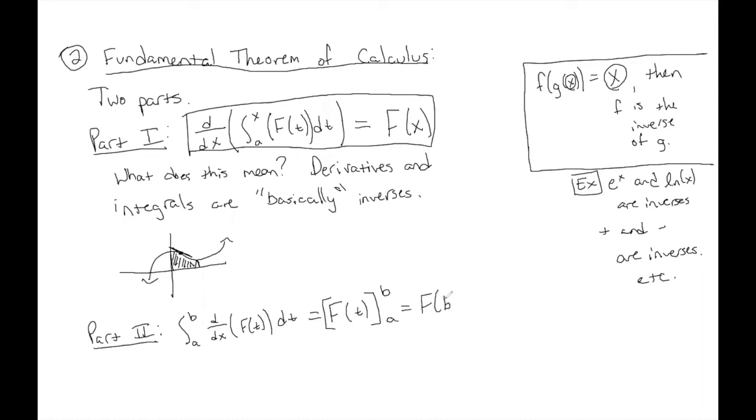You get f of b minus f of a. So basically, when I take an integral and then a derivative, I guess the way it's written here, it's derivative first and then the integral, but written in this order, I get back essentially the function. The only thing is I have to evaluate it on the endpoints. So it's not quite an inverse, but it's very close to an inverse.